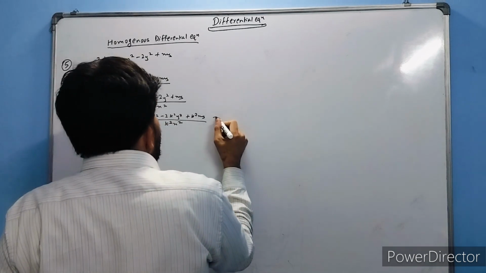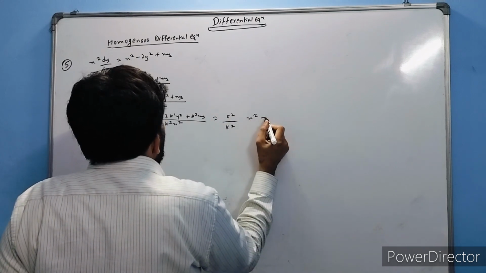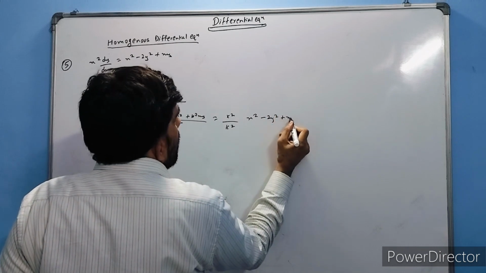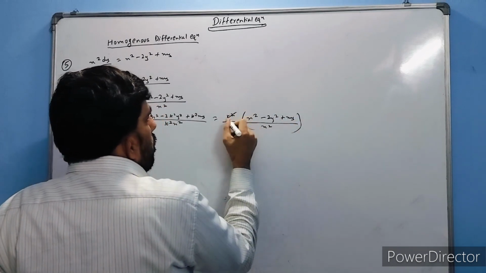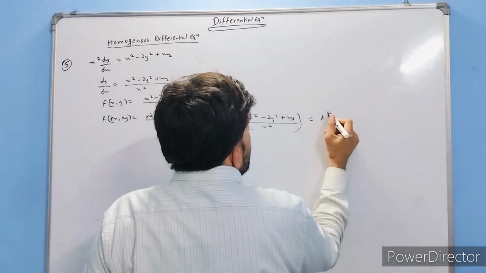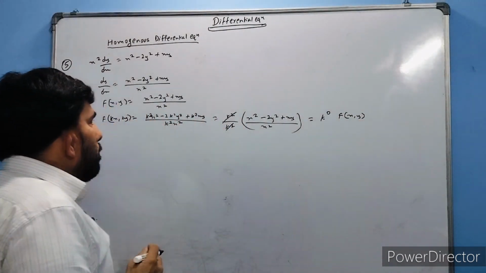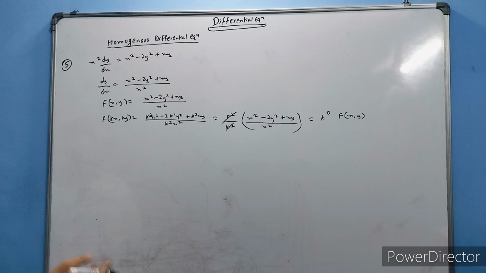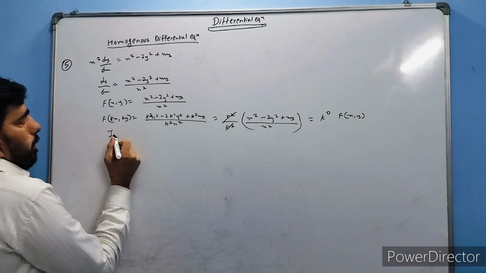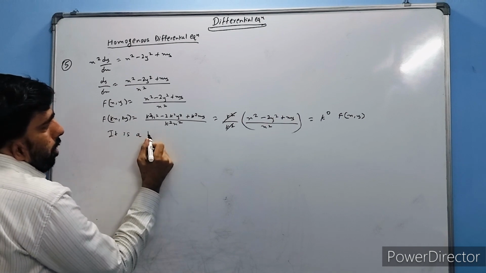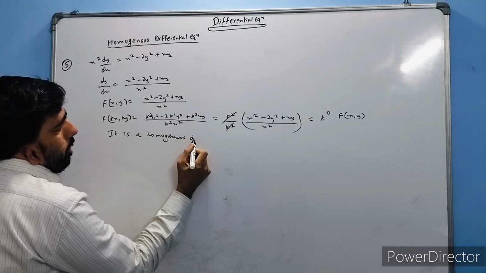So we can take k square common, and we have x square minus 2y square plus xy upon x square. So I can write this as k to the power 0 times f(x,y). We have the same degree in the dy and dx coefficients, so we can say this is a homogeneous differential equation.